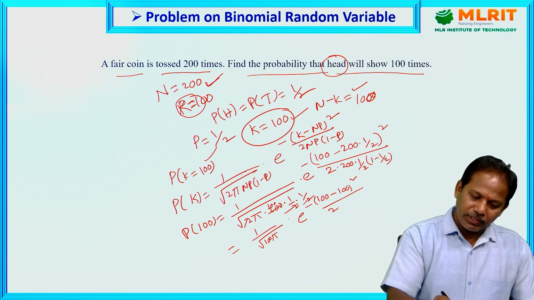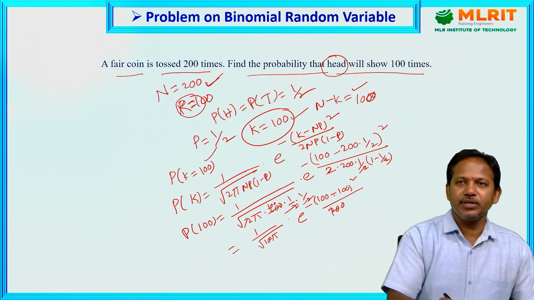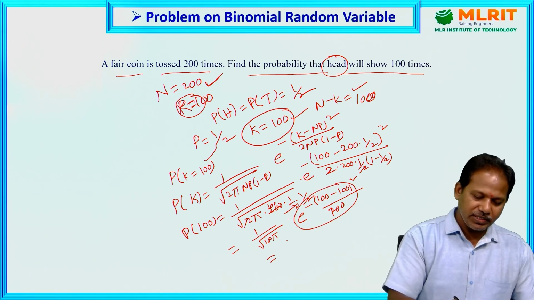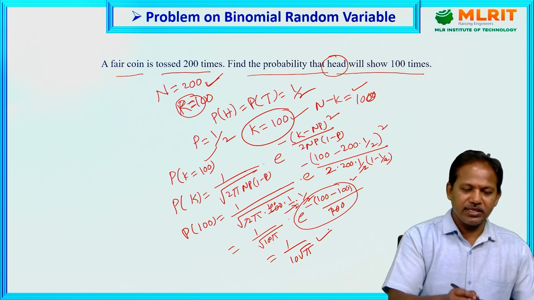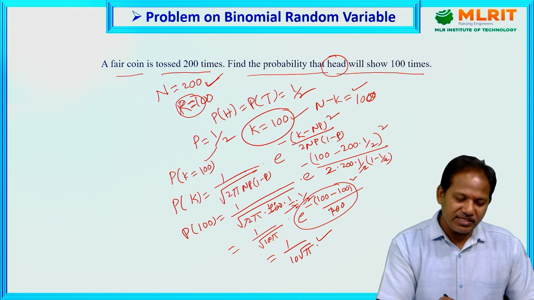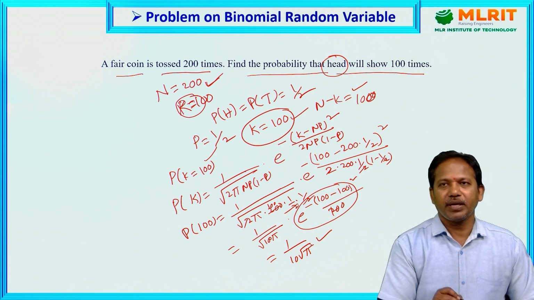Here the 2 cancels and the 1 by 2 also cancels, and we get 100 only. See here, e power 100 minus 100 is e power 0, whose value is 1 only. So, here the answer is 1 by 10 into square root of pi. So, this is the probability of the head occurring exactly 100 times, 1 by 10 root pi.